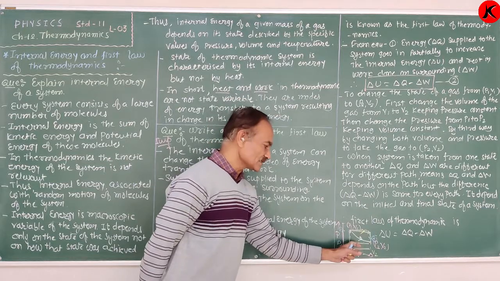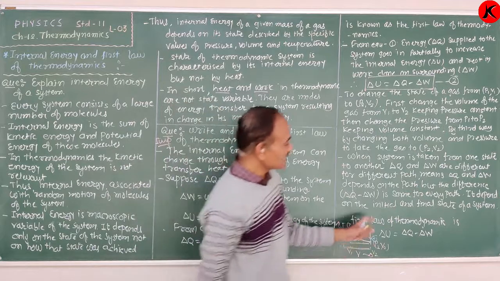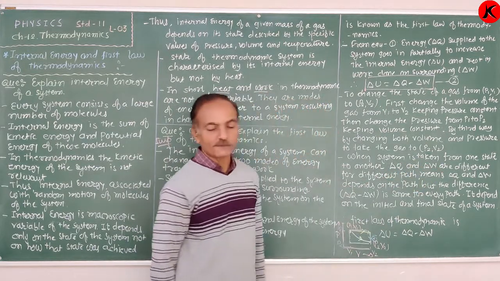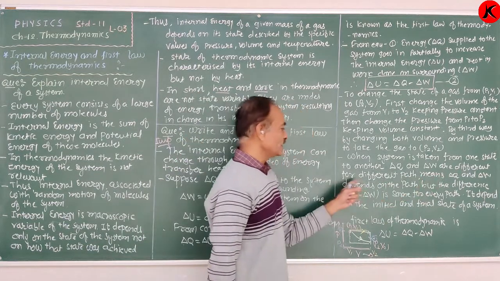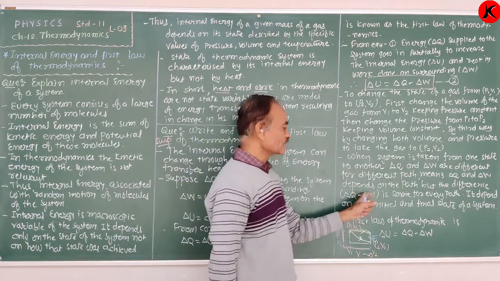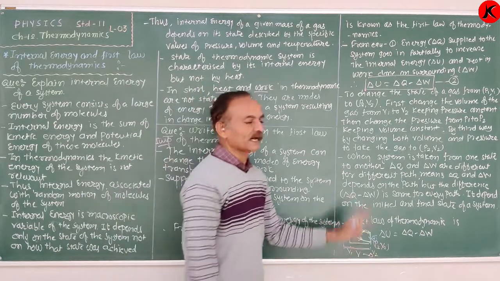In the second, we change the pressure from P1 to P2 at constant volume. For all these three paths, delta Q and delta W are different, which means they depend on the path, but the difference delta Q minus delta W is constant for all these paths.